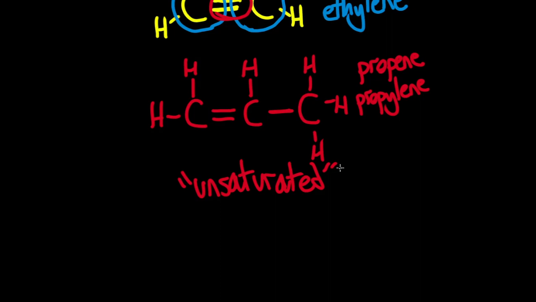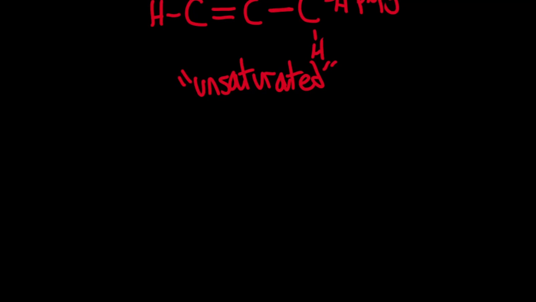Alright, my general formula for alkenes is going to be CnH2n. Alright, and again, where n equals my number of carbons.